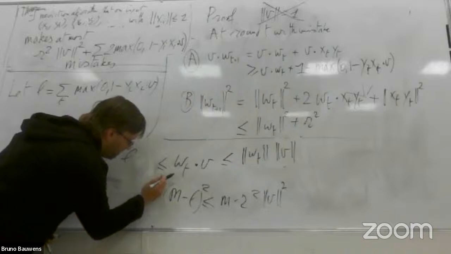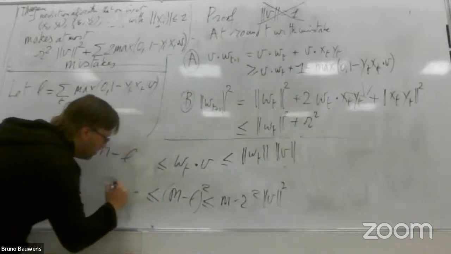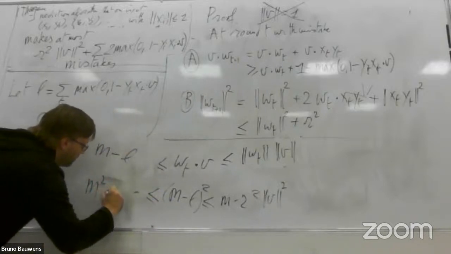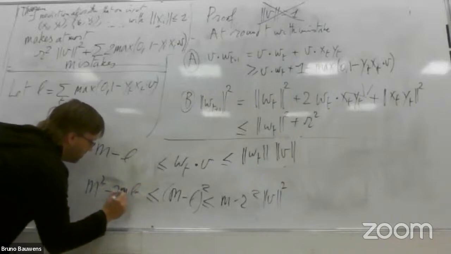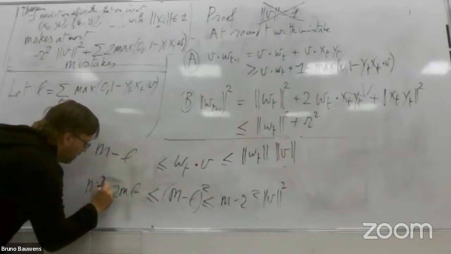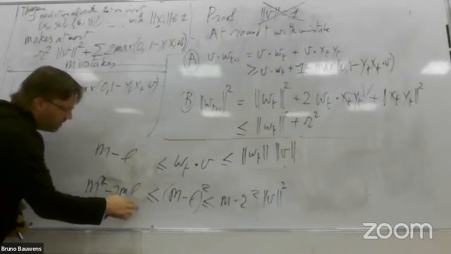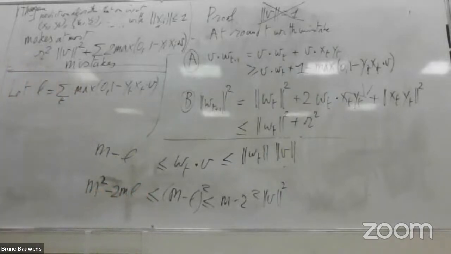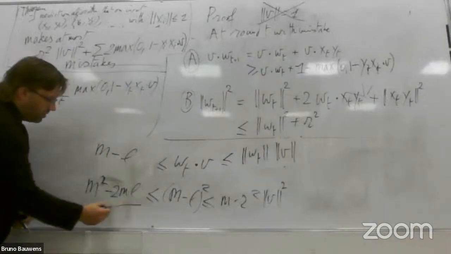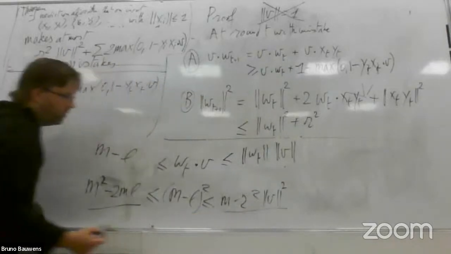Now let us expand. This is m squared minus 2mL. This is smaller because I dropped the L squared term. Okay, and here, now let us look at the final inequality.